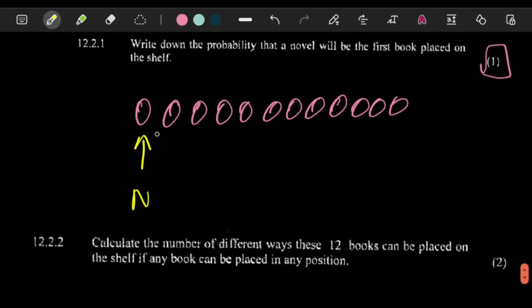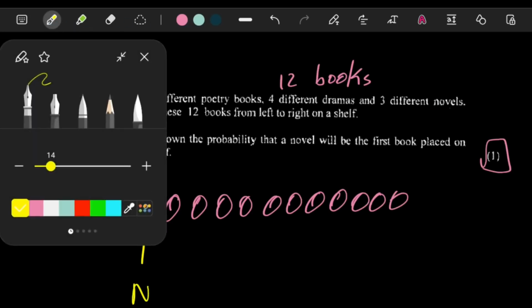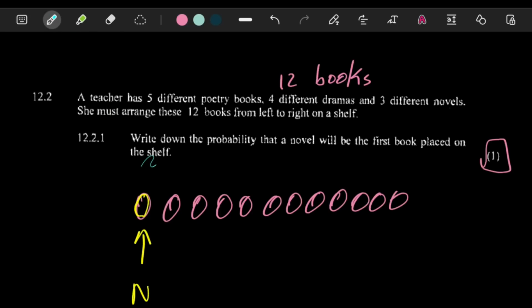So the probability of this being a novel, you have to ask yourself, how many novels are there? You have 3 different novels. So technically speaking, you can put one of 3 options here. The moment you have put one novel here, you have 11 books to choose from. So here you can put one of 11 books, and then 10, 9, 8, 7, 6, 5, 4, 3, 2, 1.